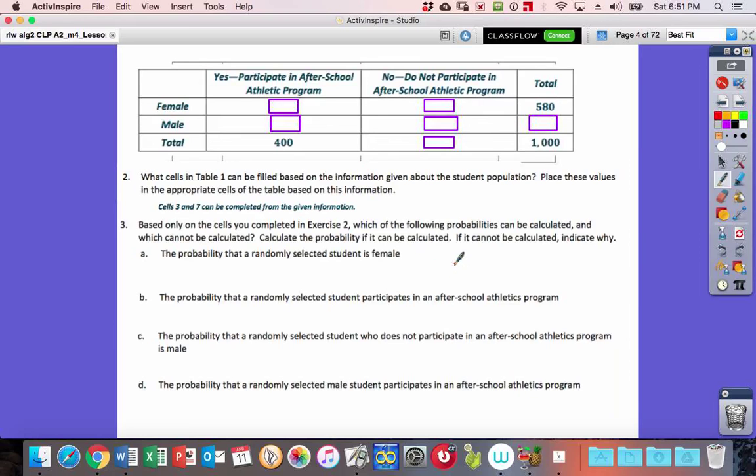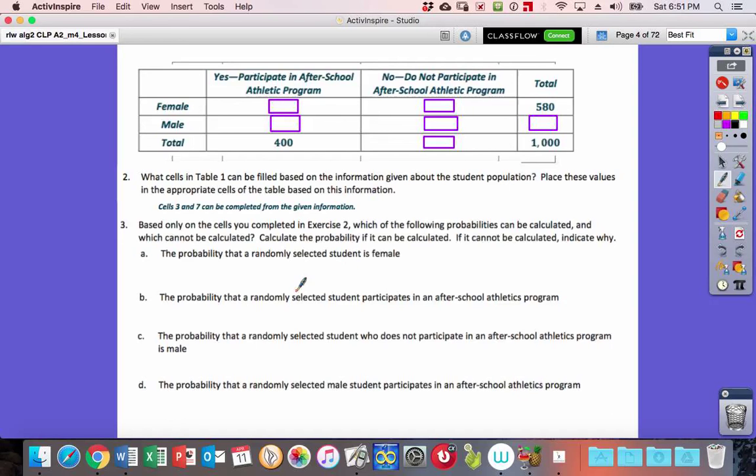Now, based only on the 3 cells I completed, which of the following probabilities can be calculated and which cannot? Calculate the probability if it can be. In case you don't remember, probability is how likely something is to occur.